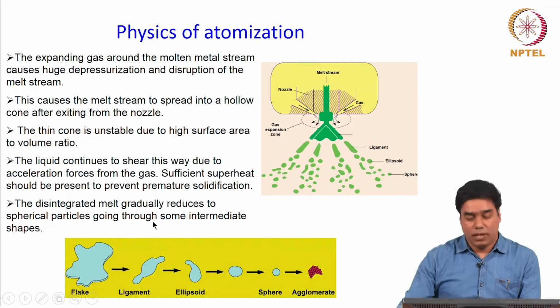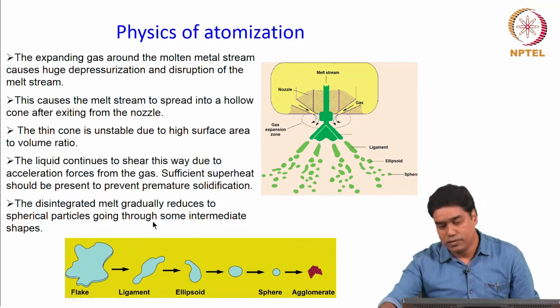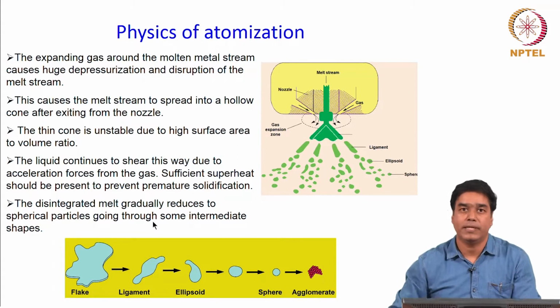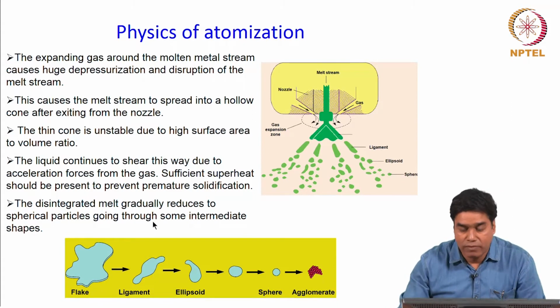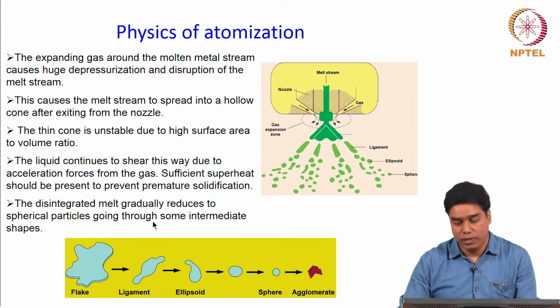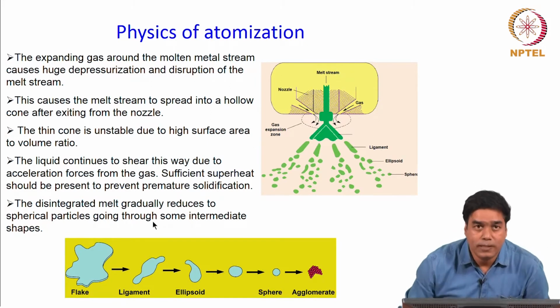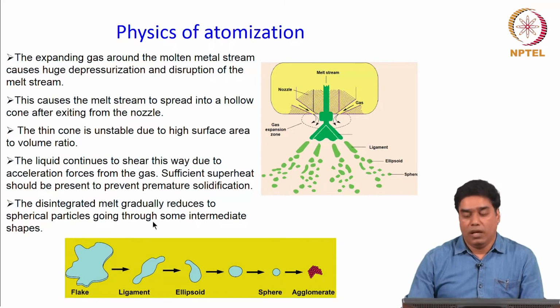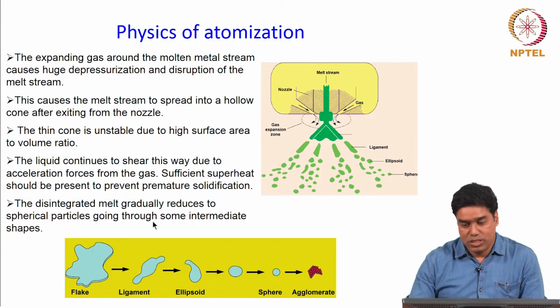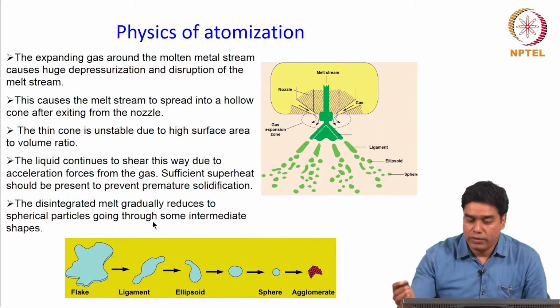Right. So, this is how the process is in terms of the phenomenon or the principle. If you see it, we will take an example here of a gas jet which is used to atomize the molten stream of a liquid metal. Okay. So, what you have here?